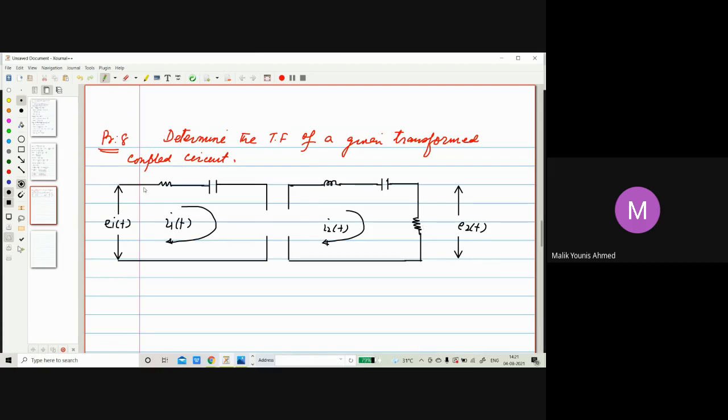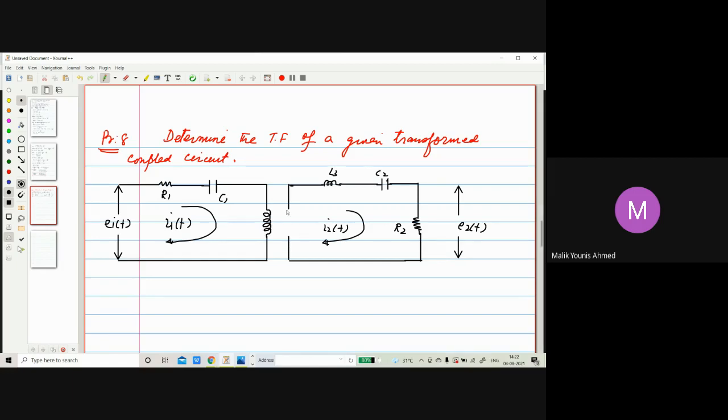So this is R1. I think this should be R1. This is C1. This is L3. This is C2, R2. Here we have inductors again.